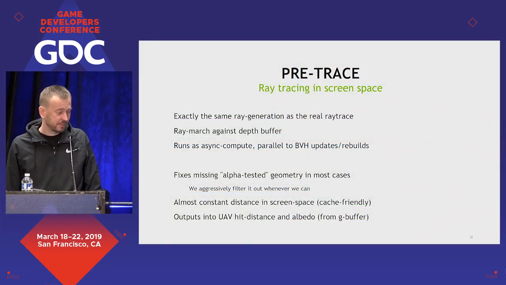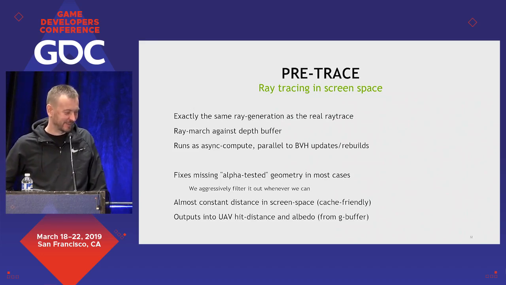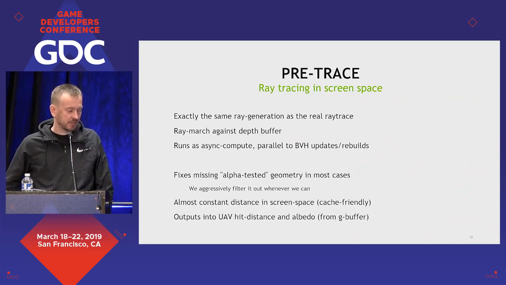The first step of the ray tracing pipeline is actually screen space ray marching. We used to call it pre-trace. It uses the same rays, and if it can find the intersection in screen space, we use it instead of spawning the real geometric rays.